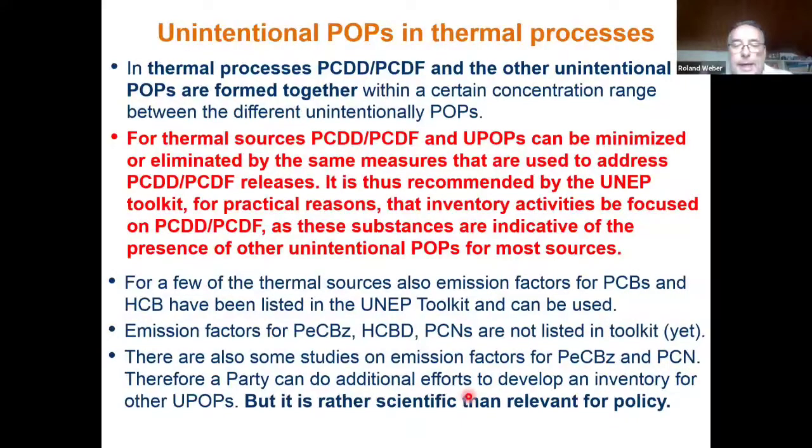Therefore, a party can make additional efforts to develop an inventory for other UPOPs. But this is rather scientific than relevant for the policy. So it is enough for you to develop a dioxin inventory and see what the biggest sources are and then address these sources. This is the main thing you as a policymaker need. If additionally you want to know something on other unintentional POPs, we can discuss that.